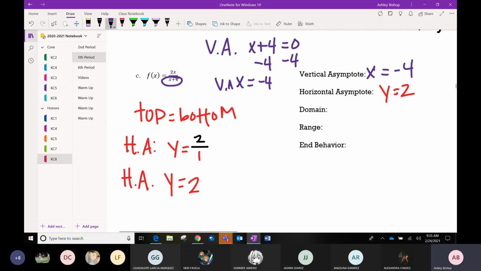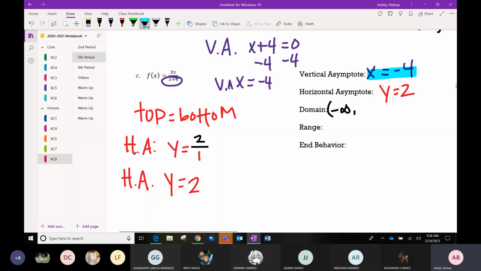Okay. Maybe you're like, Miss Bishop, how are we going to do this without a graph still? Remember, your domain and range have everything to do with your vertical and your horizontal asymptote. If there's no holes, your domain and range are very simple. My graph still goes forever to the left, but it's going to be interrupted at an x value because my domain is x values. I wonder what only certain x value I know of without graphing that's important.